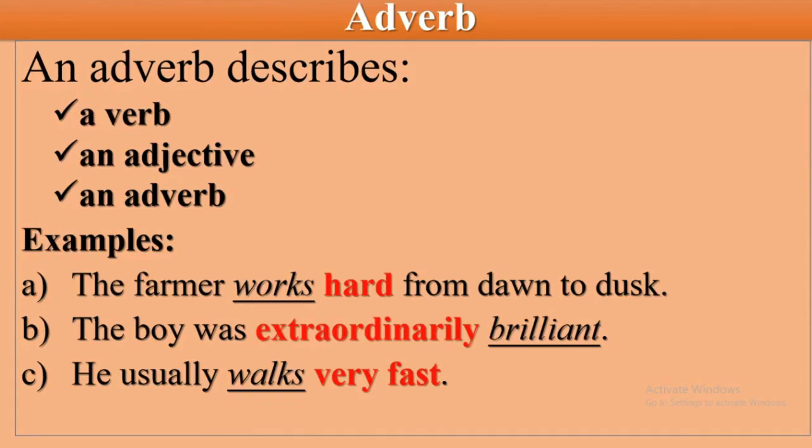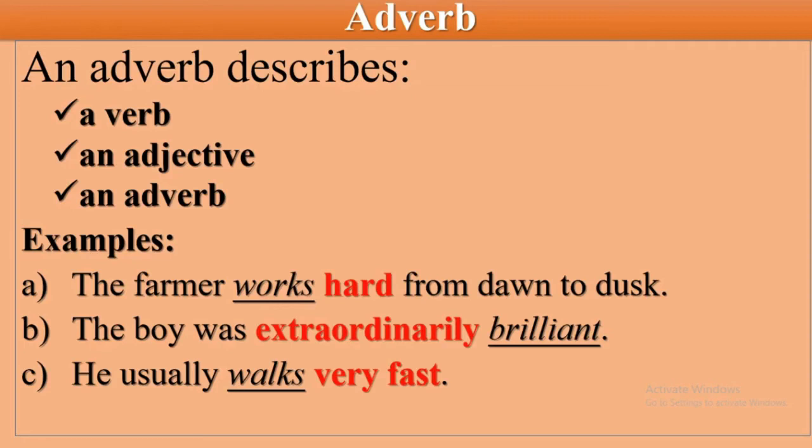He usually walks very fast. In this sentence, very and fast, these two words are adverbs. Why? If I ask, how does he walk? The answer is, he walks fast. So the word fast is describing the verb walks.